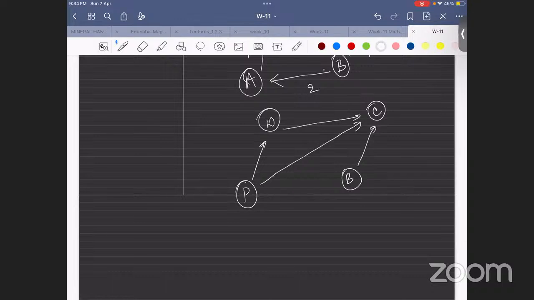So a weighted graph means, for example, the time it was taking from P to C was 1 hour only, but here it will be taking 2 hours, and then again 2 hours. So if somebody has a time constraint, they will take the direct flight from Pune to Chennai. But if somebody has a cost constraint, the other weight I can tell you is the cost price.